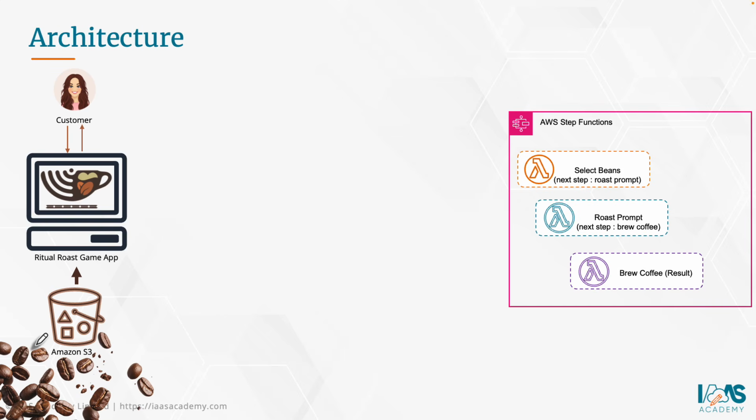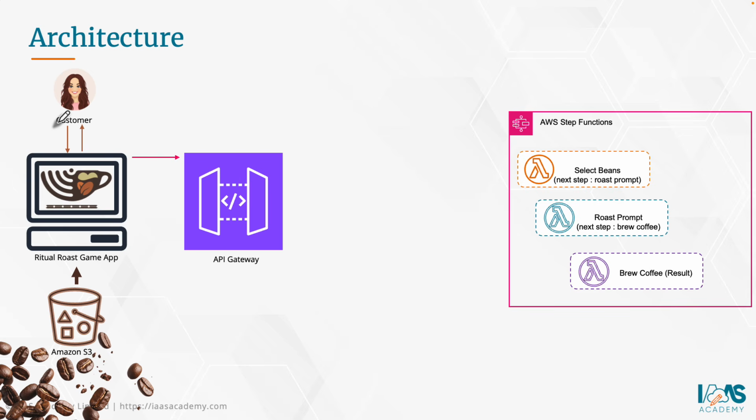So let's take a look at how this is going to work. Your user is obviously going to interact with the website. There's a start button on the application that the user is going to click, which is going to invoke an API Gateway call. And all of the interactions are going to happen through API Gateway, because behind this API Gateway is a Lambda function called the game controller.